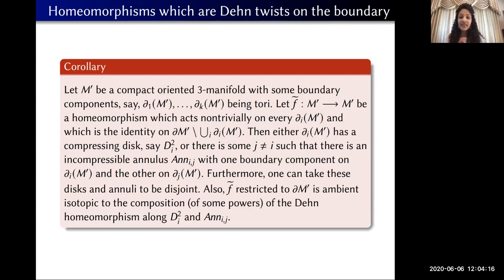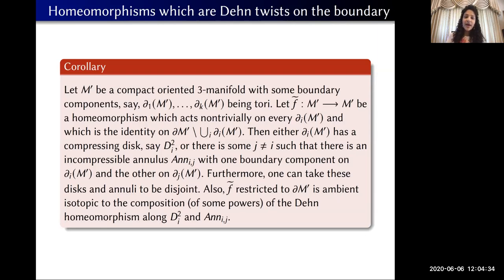Moreover, F tilde restricted to the boundary of M prime is ambient isotopic to the composition of some powers of the Dehn homeomorphism along these compressing disks and incompressible annuli.